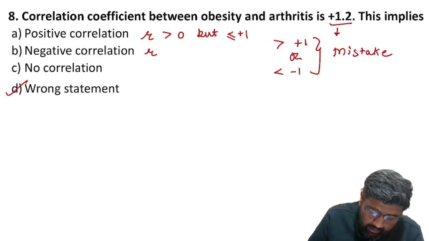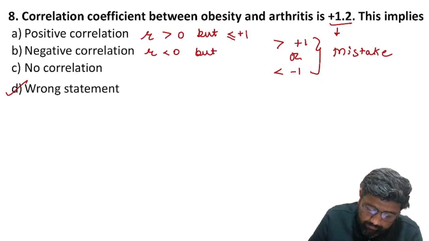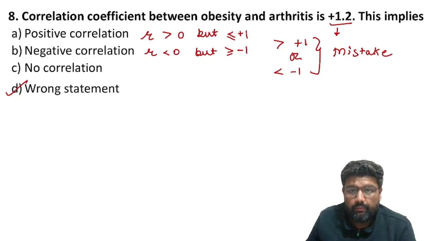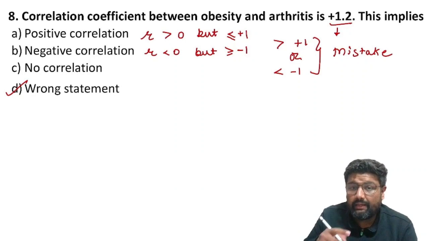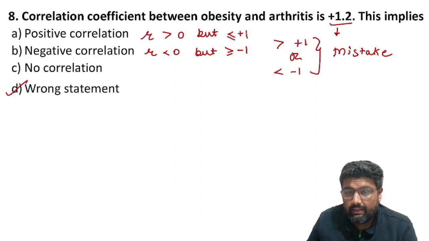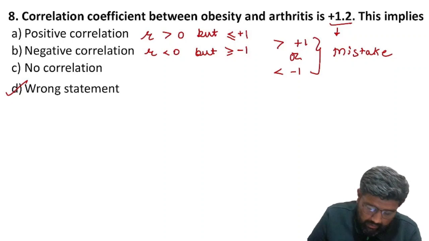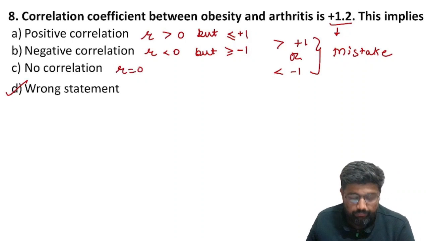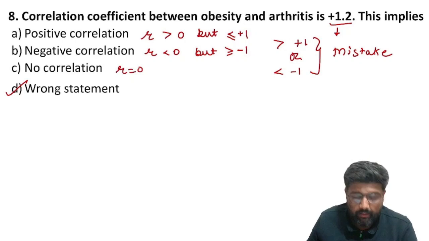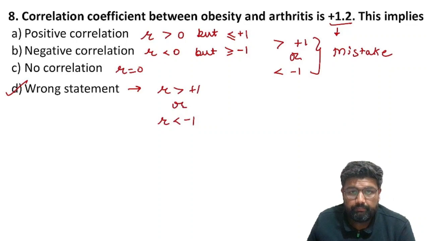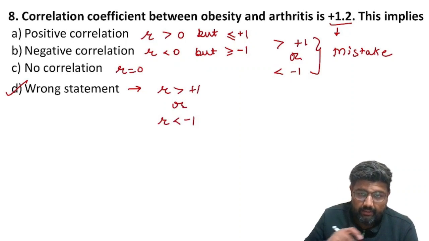Negative correlation, R is less than 0 but more than or equal to minus 1. More than minus 1 is minus 0.9. Less than minus 1 is minus 1.2, right? And when R is equal to 0, we say no correlation. Here, R is more than plus 1 or R is less than minus 1. So here the correct answer is option D.